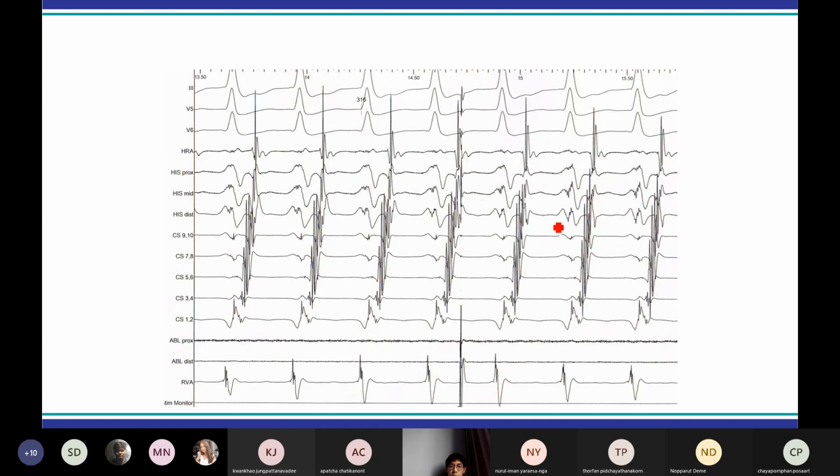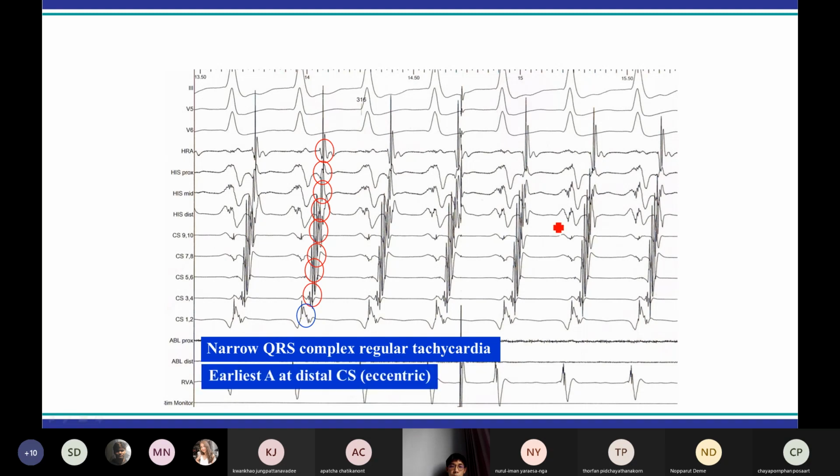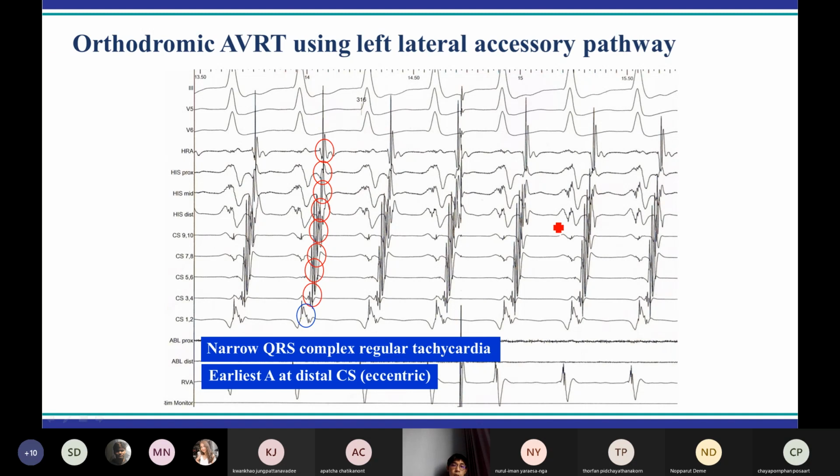Eccentric. Okay, it is eccentric. So this is a narrow complex regular tachycardia with eccentric retrograde atrial activation. We can conclude already that this is orthodromic AVRT. And we can tell that it is likely to be a left lateral accessory pathway because the earliest activation is at CS 1 and 2.